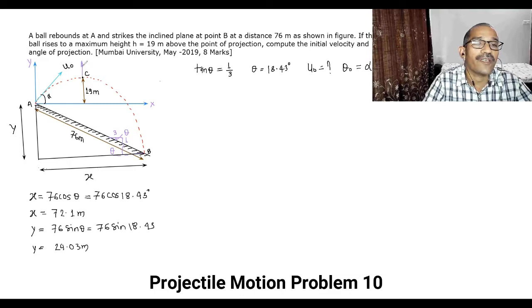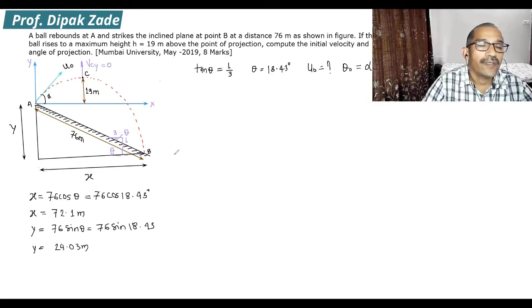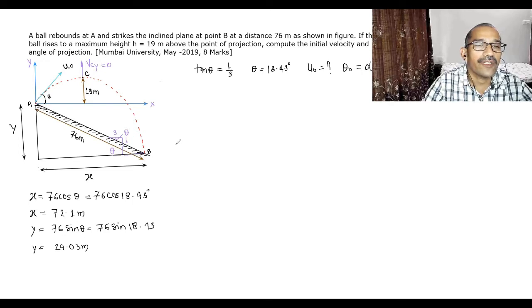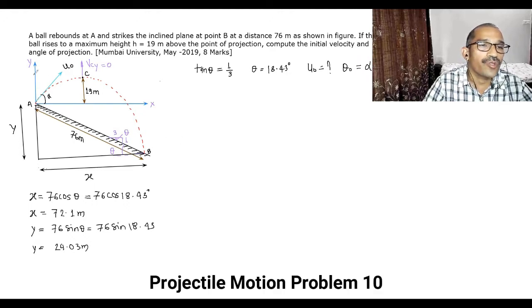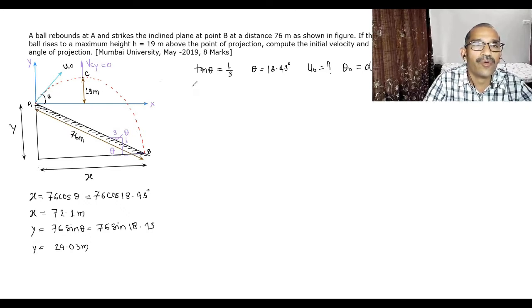Therefore at point C, Vcy is 0. Considering the motion from A to C, the vertical component of velocity at C is 0, u0y is unknown, and you know y. What relation can you apply between y, the initial vertical component of velocity, and the vertical component of velocity at C? So one unknown, u0y, is easily possible here.